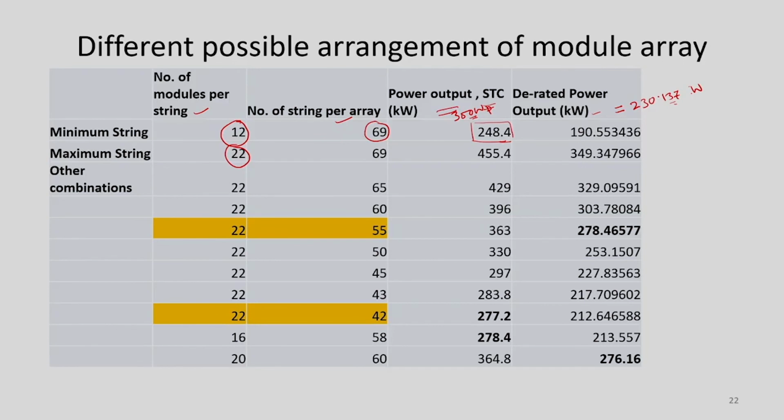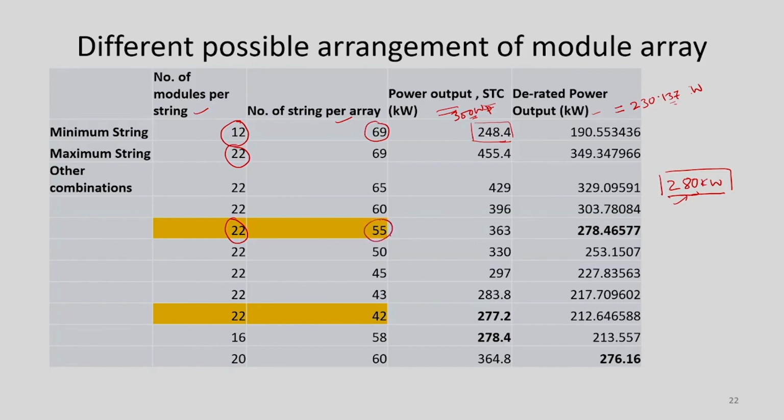must keep in mind the input power for the inverter. The inverter power requirement is 280 kilowatt, so we need to provide energy just near to 280 kilowatt. That way we need to find the best combination. We can have something like 22 modules per string and 55 strings per array.